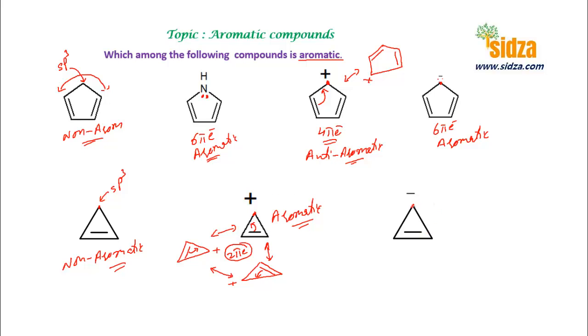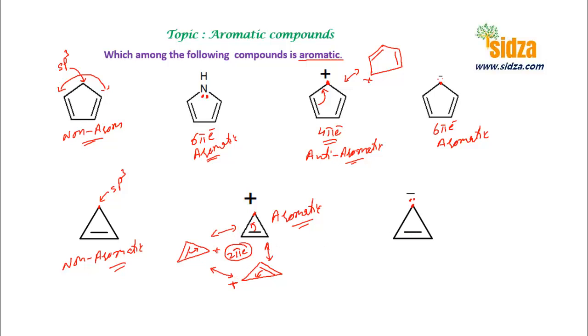Now we have a carbanion here, a negative charge. This negative charge will also be delocalized by this pi bond. We have a negative charge, single bond and a double bond, so it can also undergo resonance. So just like in this case where we have a positive charge, you can draw the canonical structures, resonating structures, exactly in the same pattern.